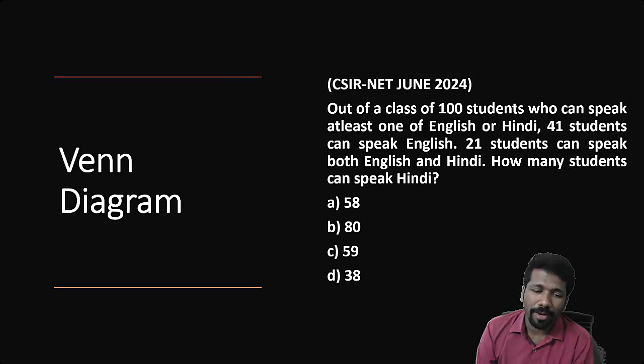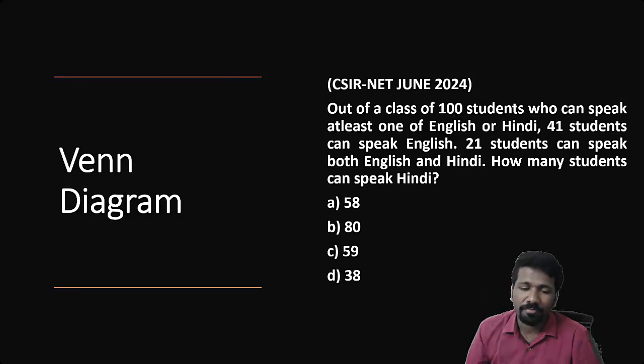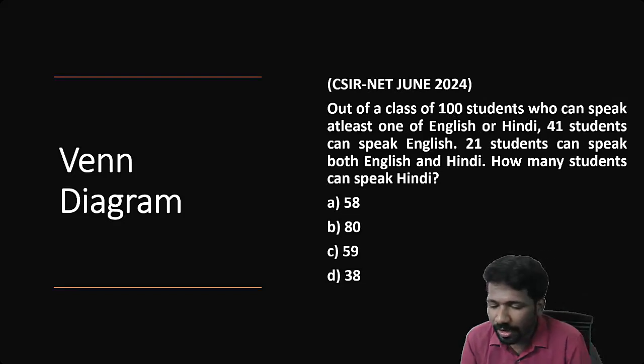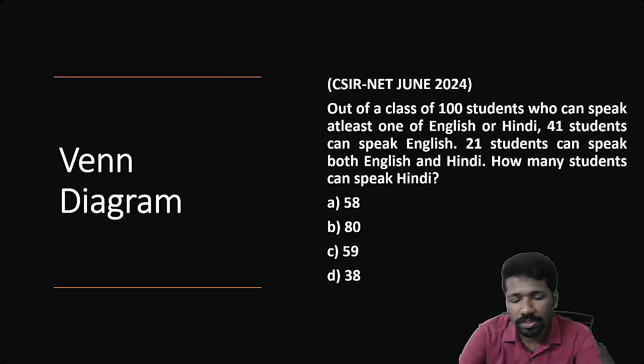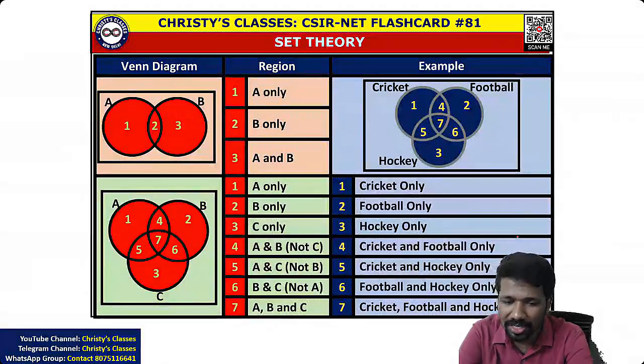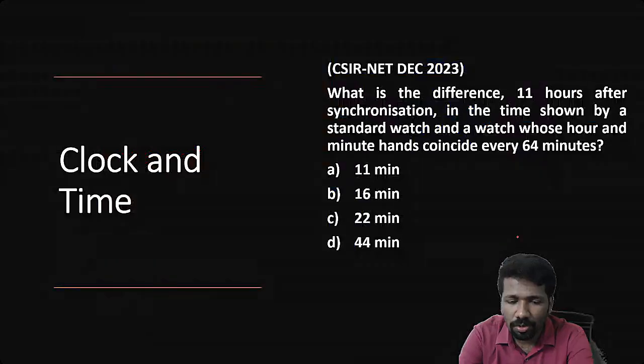That is why I have made sure that this course will be the best of all the previous complete courses we have already launched, because from the feedback of students, from the feedback I have by seeing more previous year questions or latest previous year questions, the new concepts, new questions, all these things are included. And flashcards also are designed accordingly, exclusively according to the pattern of CSIR-NET. Then Venn diagram, different types of Venn diagram, all those things we'll be discussing.